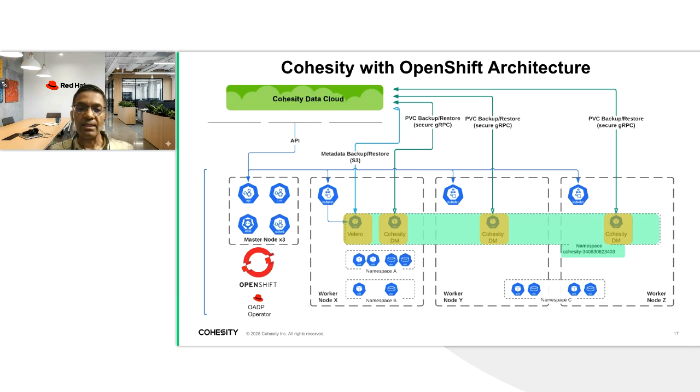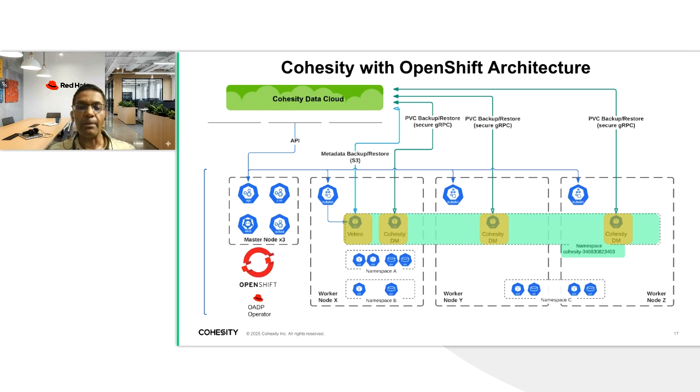So in this configuration, you can see that you have OpenShift at the bottom left with the master nodes governing the entire environment. You have Data Protect and the Data Cloud platform communicating with the master nodes over the API process. And when you configure the source protection, what we do is deploy a daemon set of what we call the Cohesity data mover.